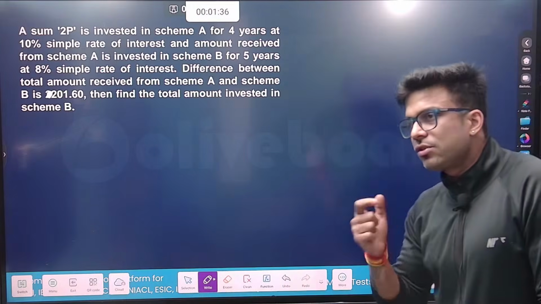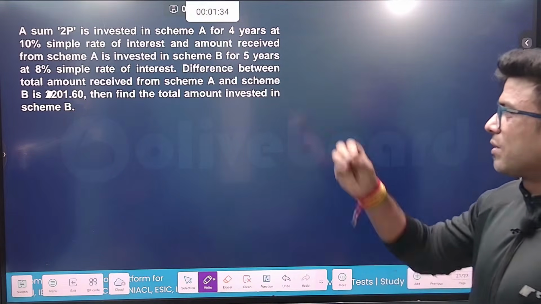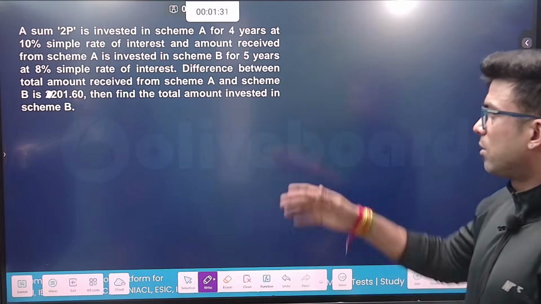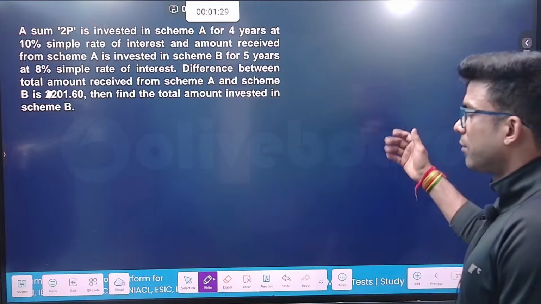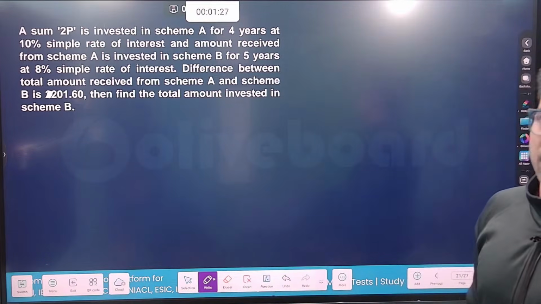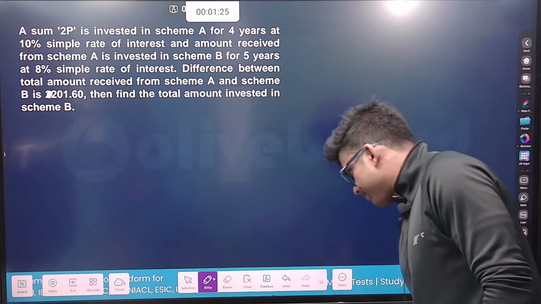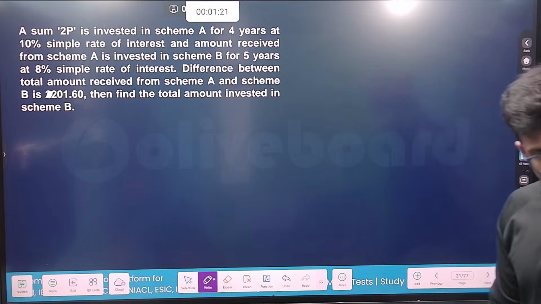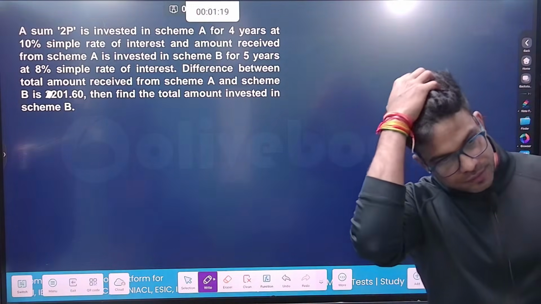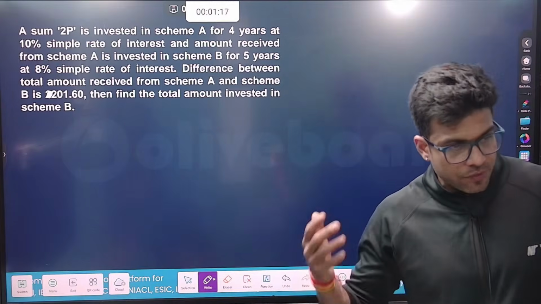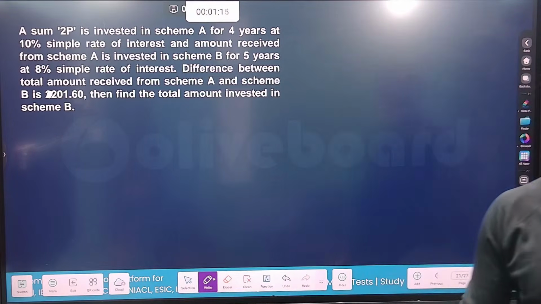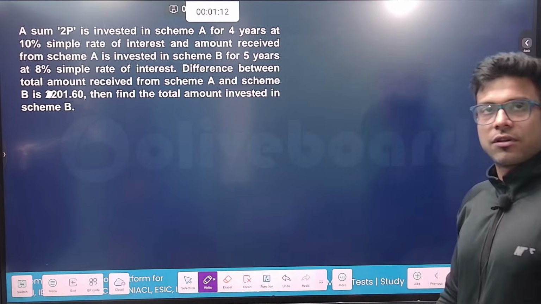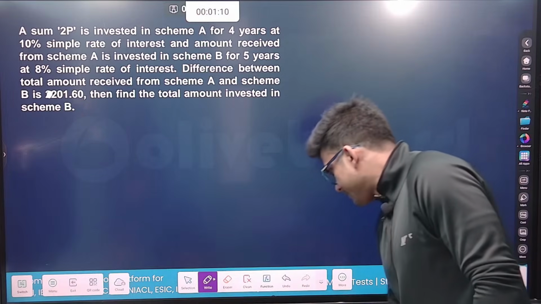Do we need tricks, or do we need to clear the concept? First of all, I'll talk about the concept, and then we'll go for tricks also, if it is allowed. If it is the demand of the question, then I'll go for the trick. If not, then we'll solve the question as it is.